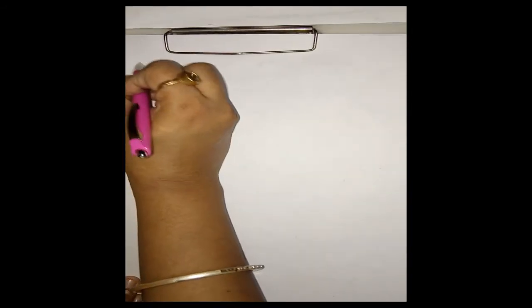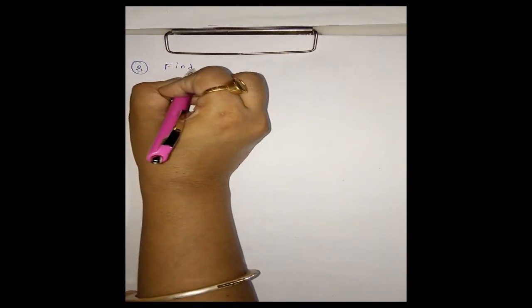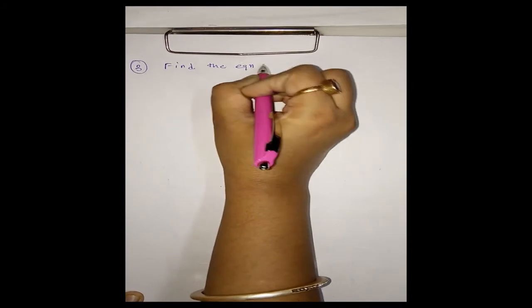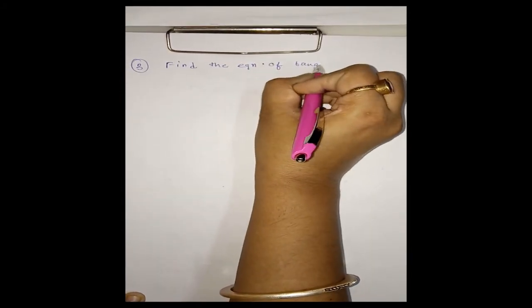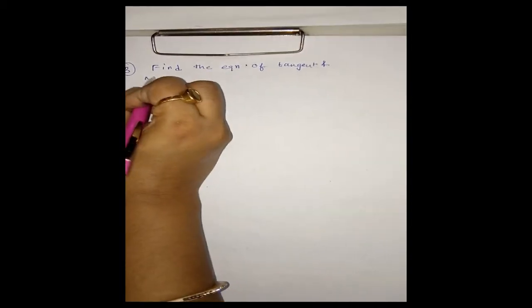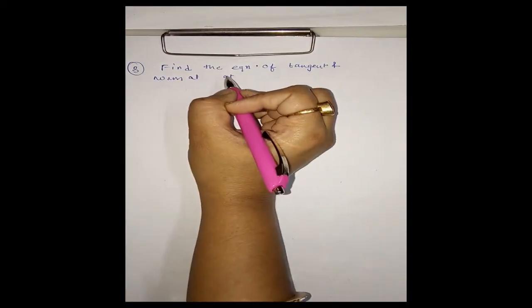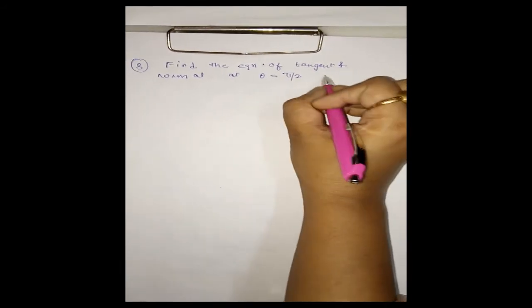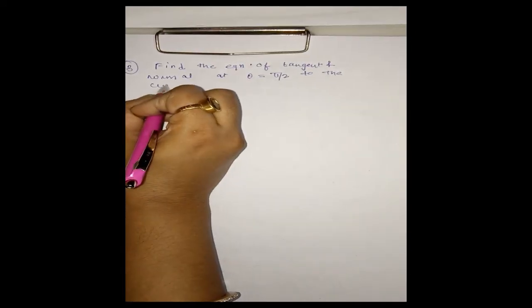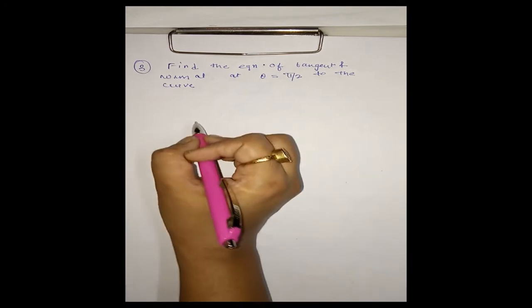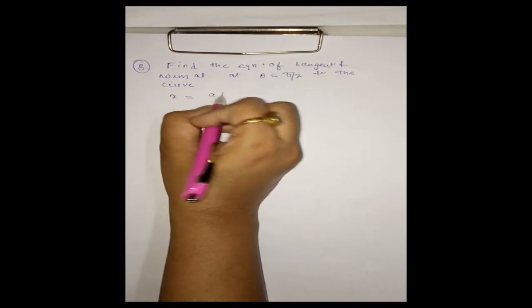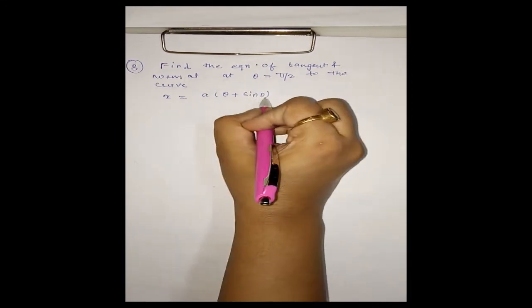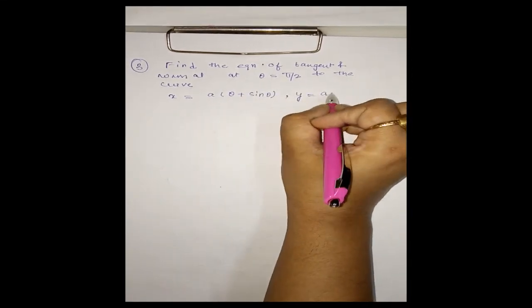Okay. Now let us consider the next example. Third example. Find the equation of tangent and normal at theta is equal to pi by 2 to the curve x is equal to a theta plus sine theta and y is equal to a 1 plus cos theta.